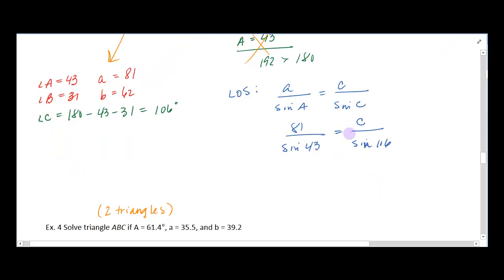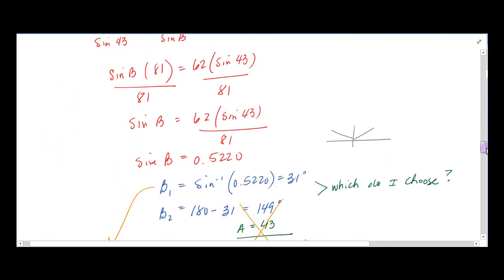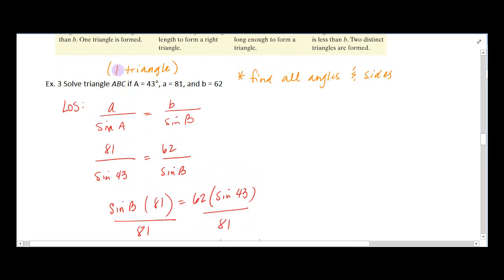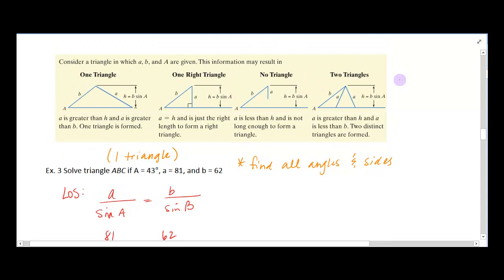So we're going to solve this for C, and when we cross multiply we get C is equal to 81 times the sine of 106 divided by the sine of 43, and you should find that that value is equal to 114.2. And that's how we can use the ambiguous case when we end up finding just one triangle. So remember, if these are our choices up here, this example was a scenario of this type of a triangle.